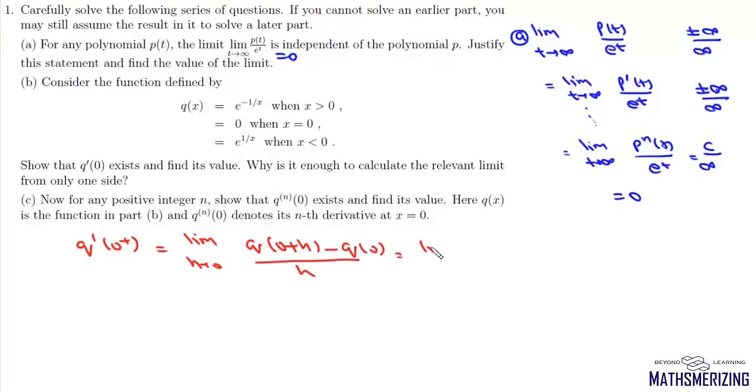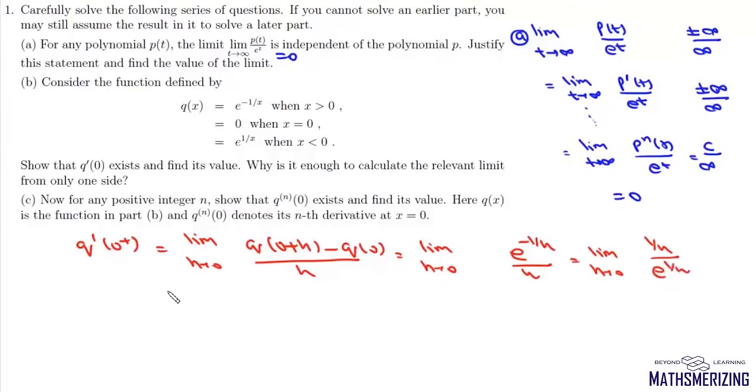Now q of h, when x is greater than 0, is simply e to the power minus 1 by h. q of 0 is 0, and here it will be this h. So we can write this as limit h tends to 0 1 by h, and then e to the power minus 1 by h.